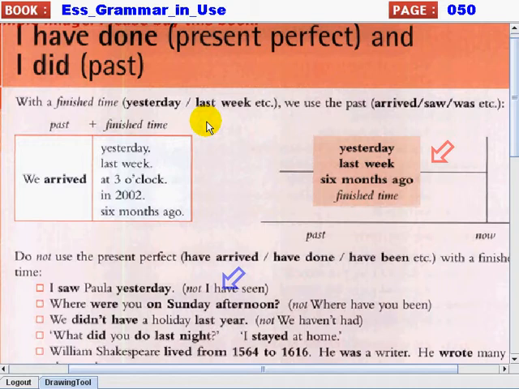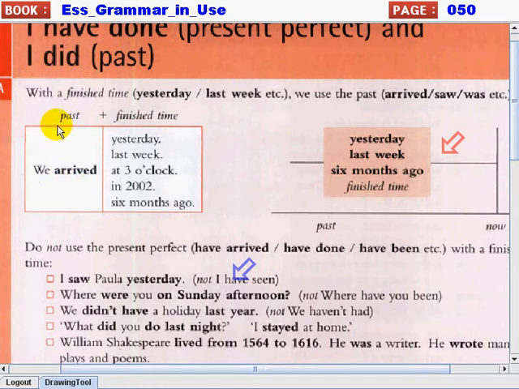We cannot use the present perfect tense. Alright? Example. We arrived yesterday. See that? It's not in present perfect tense, right? Okay, so that's what we should learn when we make past simple sentence.